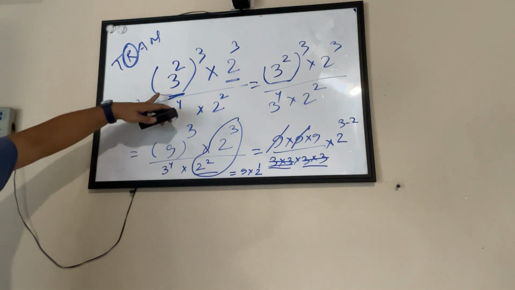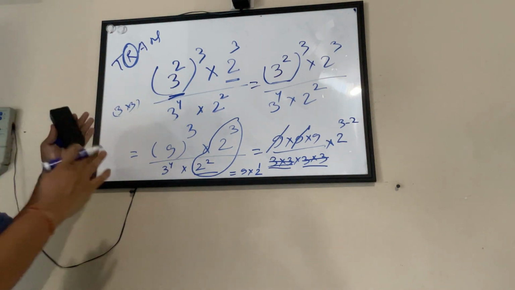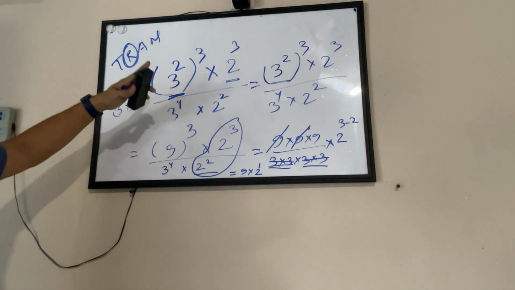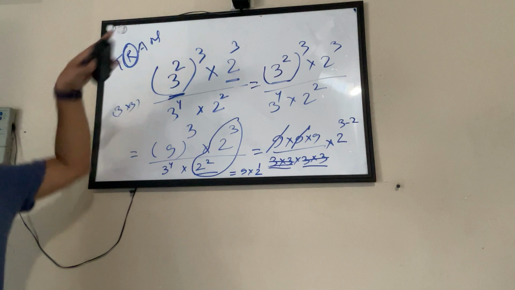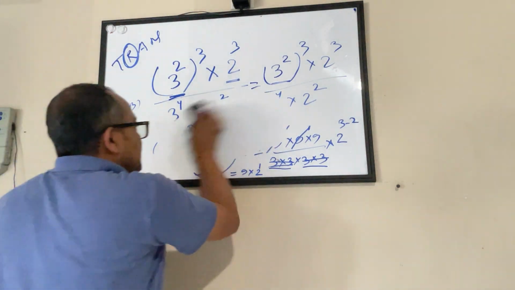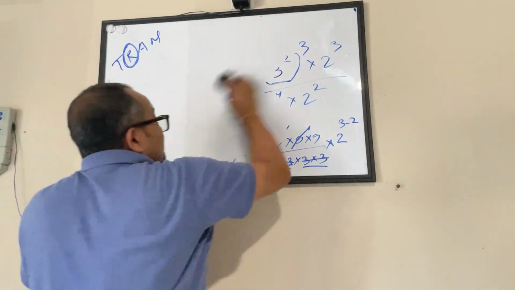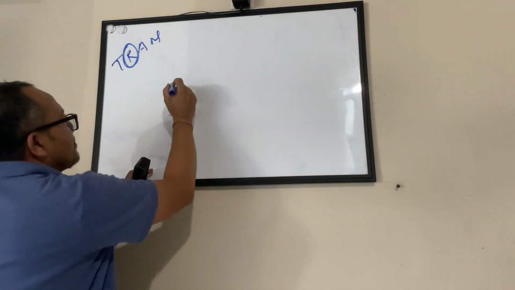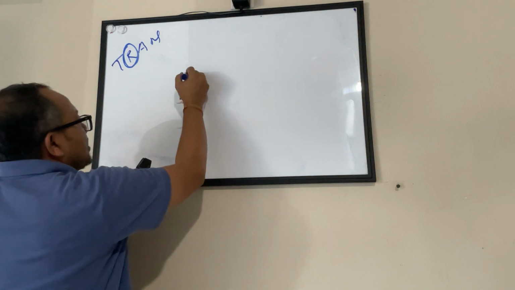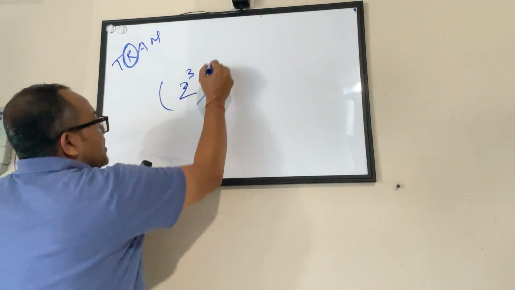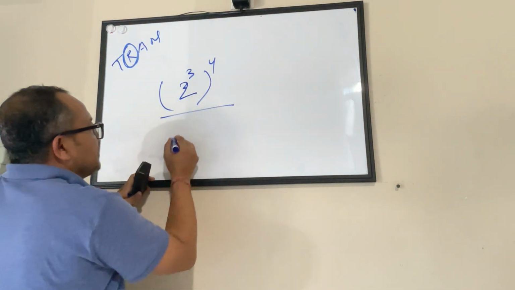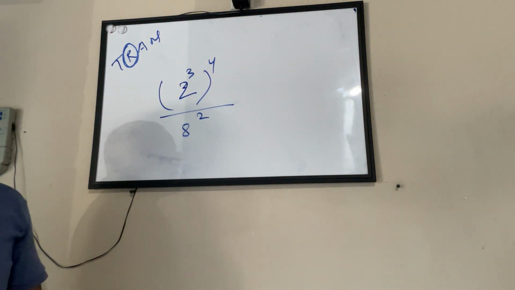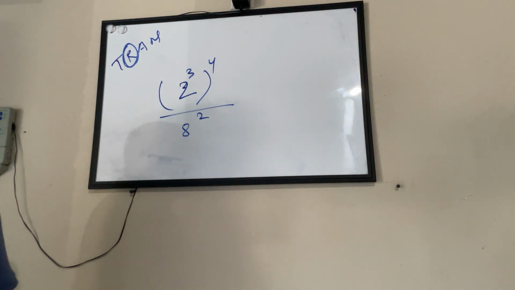Don't always look at 3 to the power 2, or any number to the power, as something inside the bracket and then power. You can also look at 3 to the power 2 as nothing but 9. If somebody says 2 to the power 3, to the power 4, divided by 8 square, this is just a very small trick question.